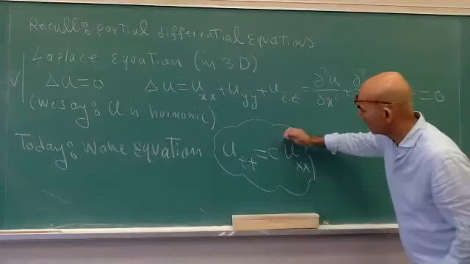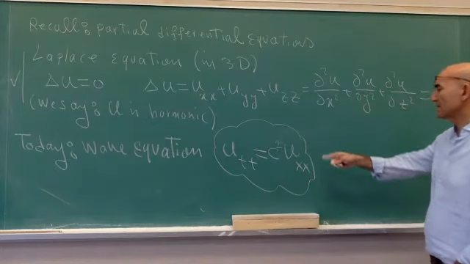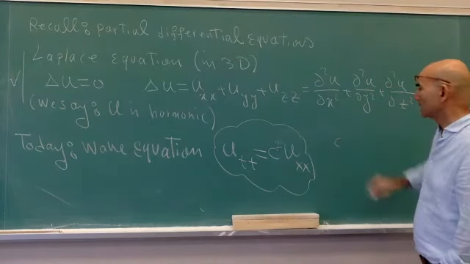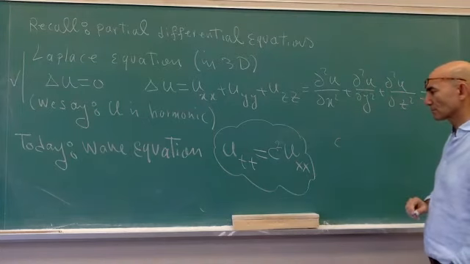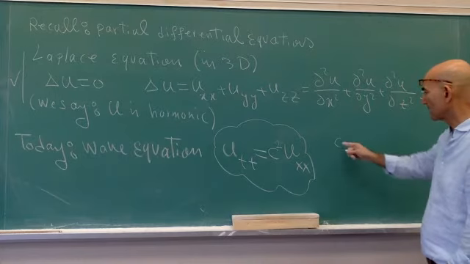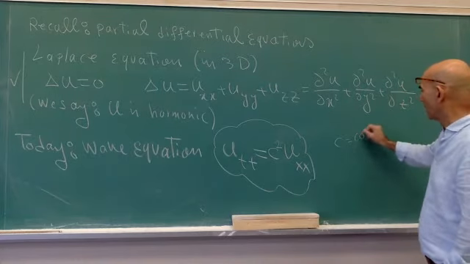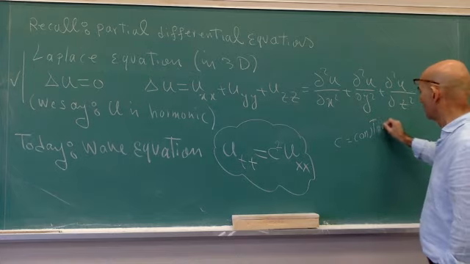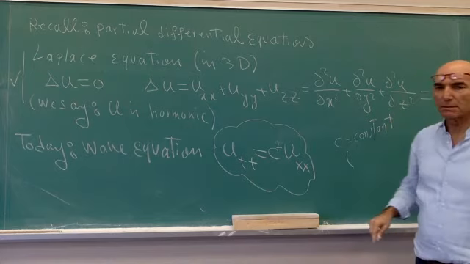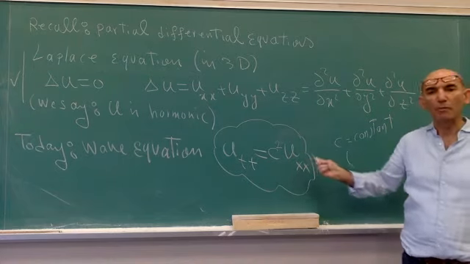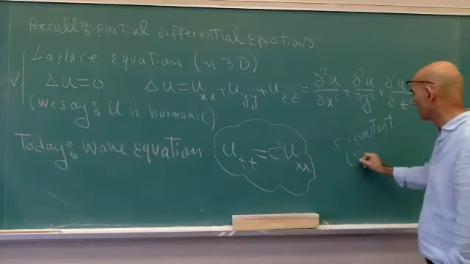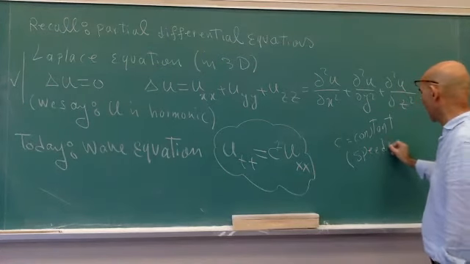So what is this equation? C is a constant. It turns out C is the speed of the wave. The speed of the wave.